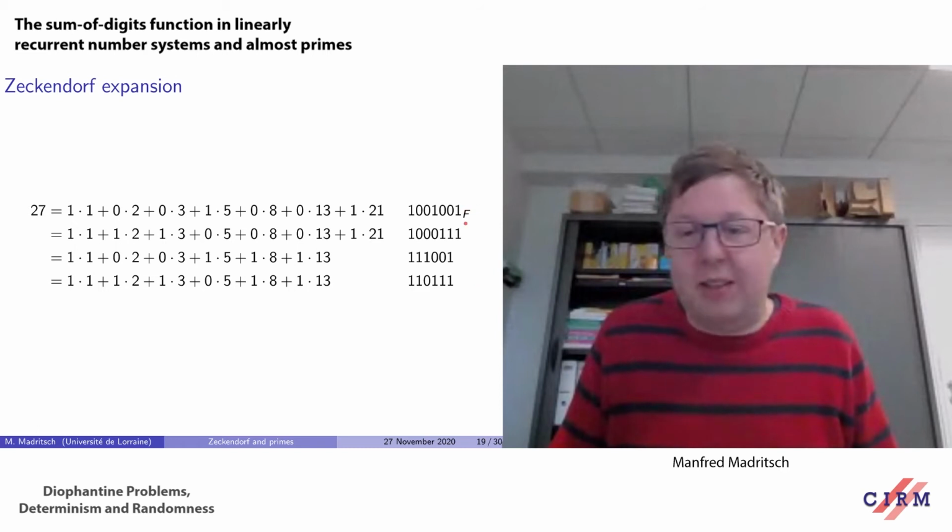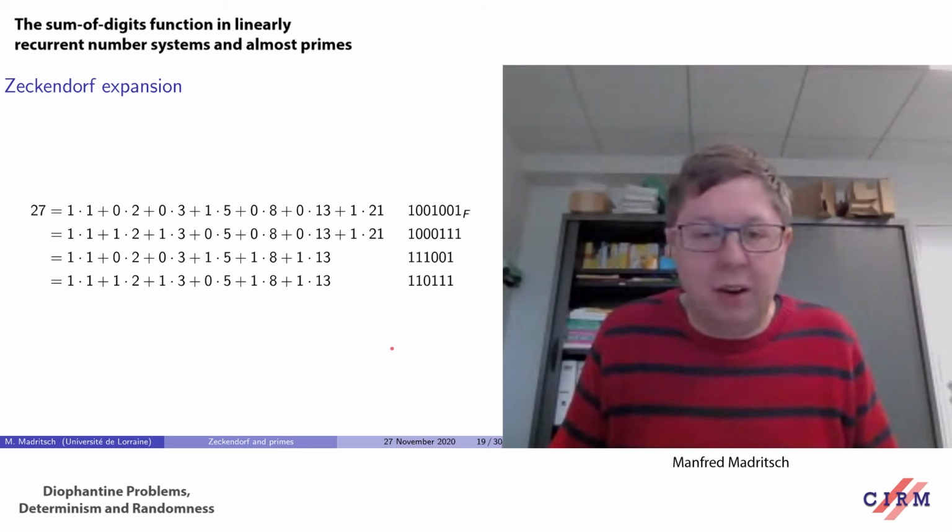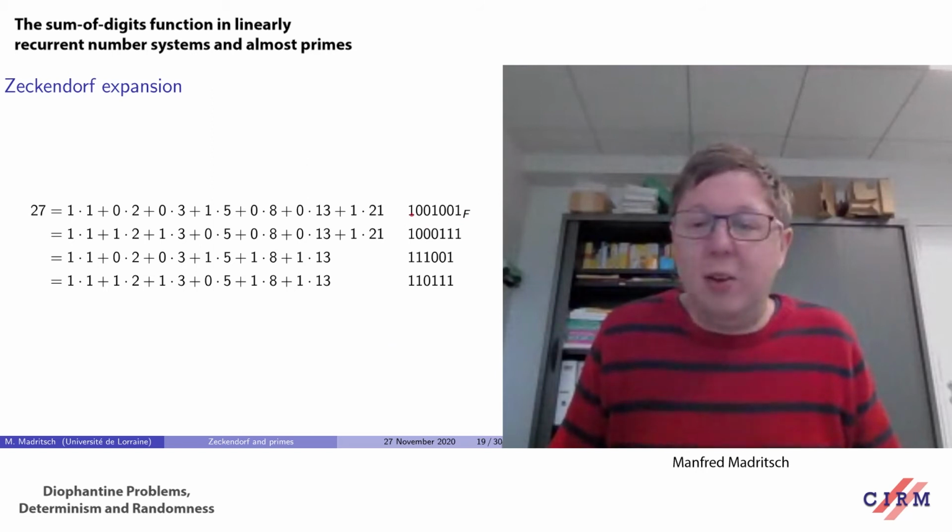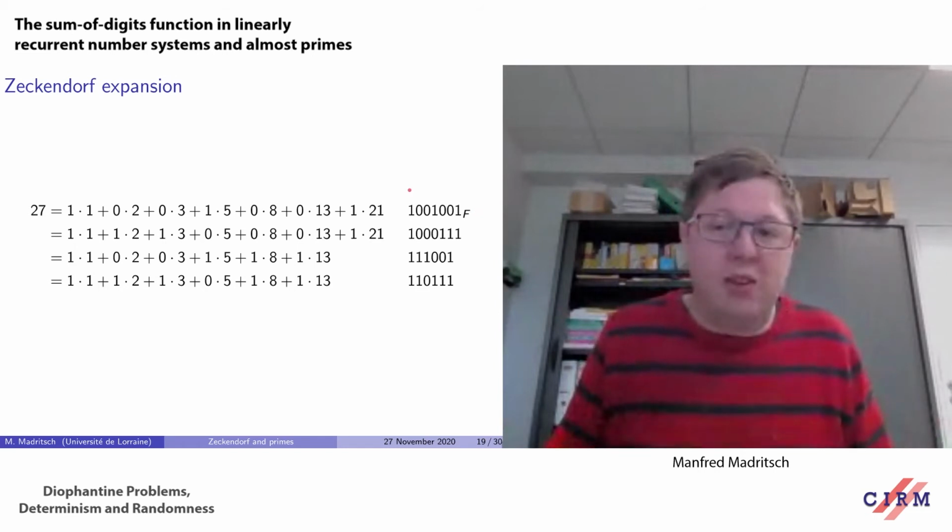So that's the reason why I put an F here. This is the Fibonacci expansion, or the Zeckendorf expansion, as it is called. And here you have this restriction that you do not take two consecutive ones in the expansion. An easy way to obtain this expansion is by a sort of greedy algorithm.